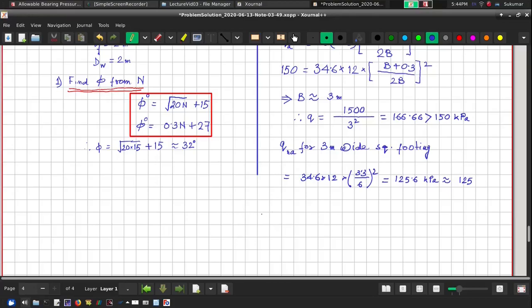Now if I use a net allowable pressure of 125, then what will be the size of the footing?